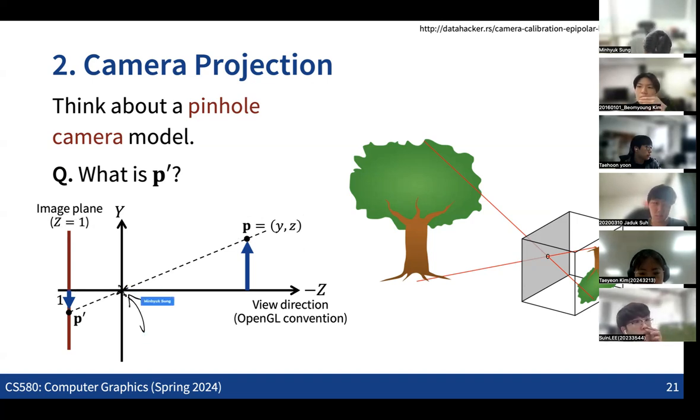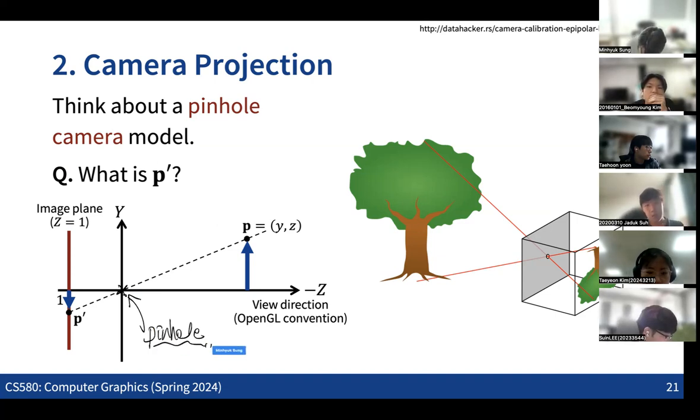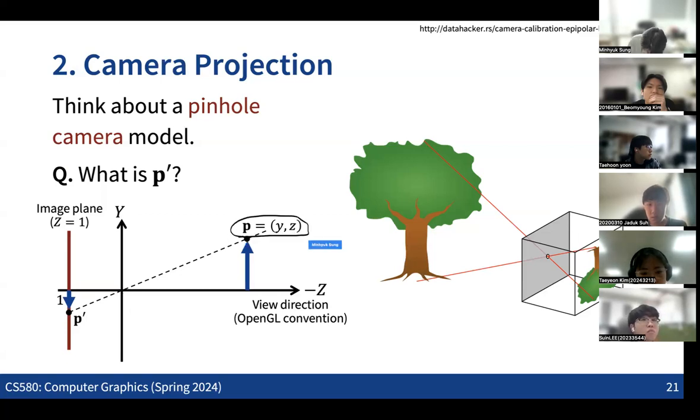This is the pinhole. Then where is this point P, which has y and z coordinates, projected into the image plane, the plane at z equal to 1? What are the coordinates of P prime here?